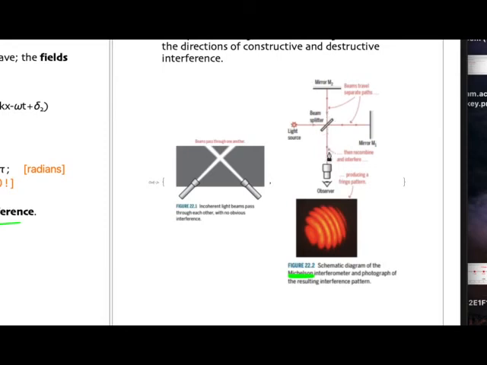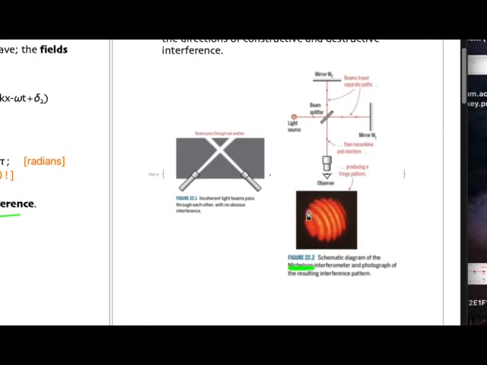So for some directions, you'll have that constructive interference. For nearby directions, you could have destructive interference. And so actually, if you have a narrow beam and a microscope, you would see where the beams recombine an interference pattern, a region of alternating bright light and dark regions, dim light.